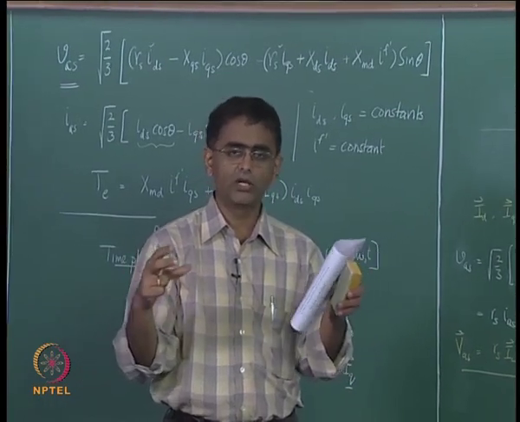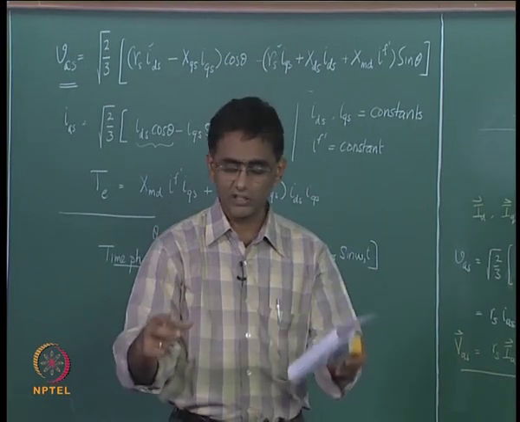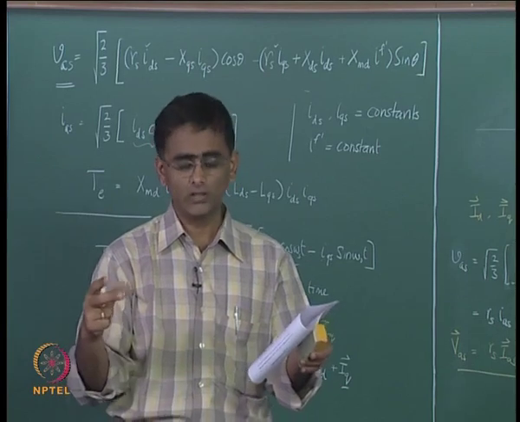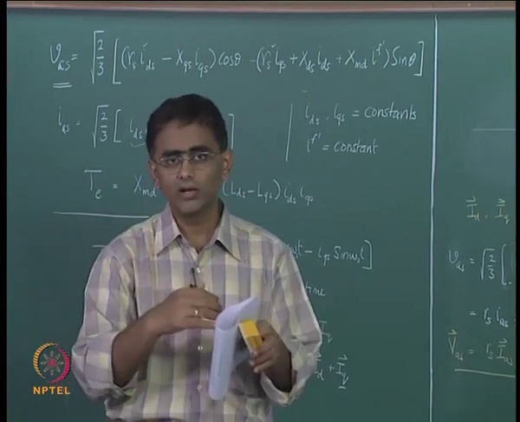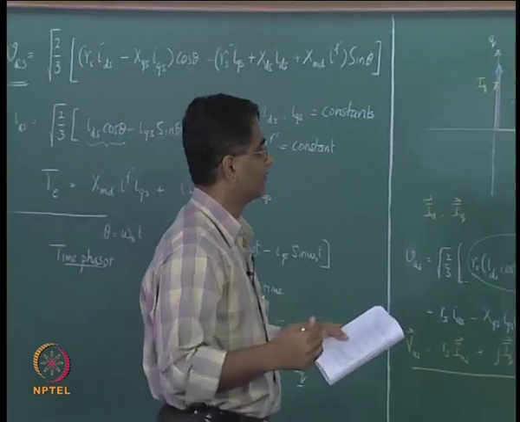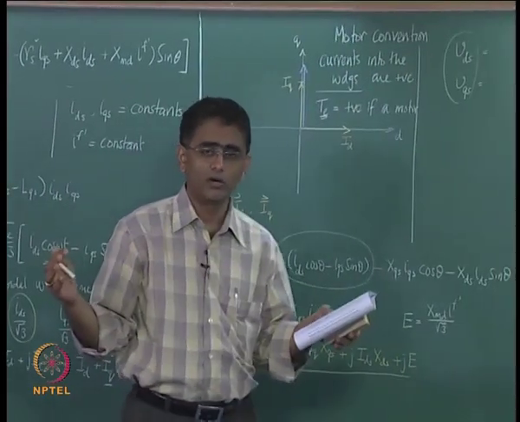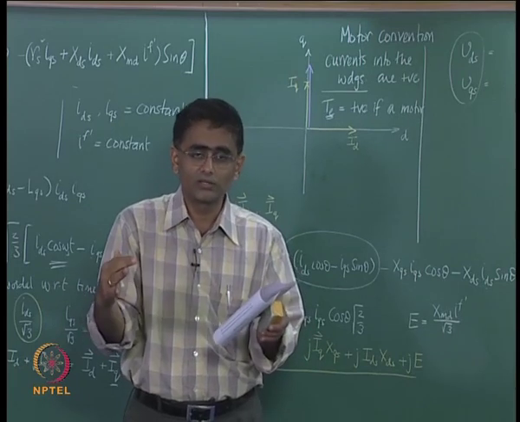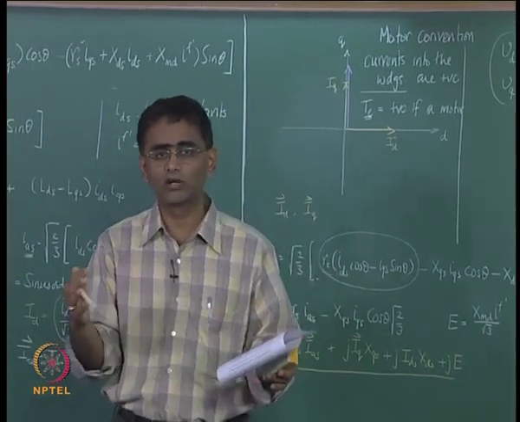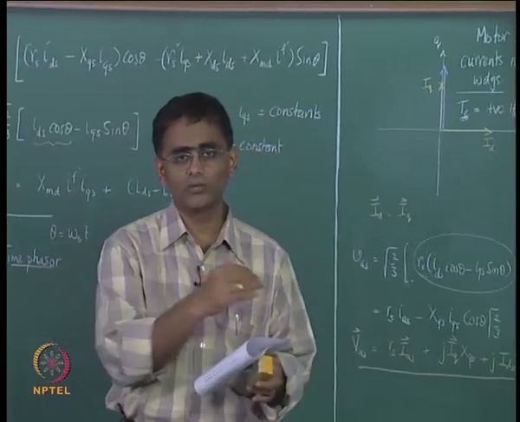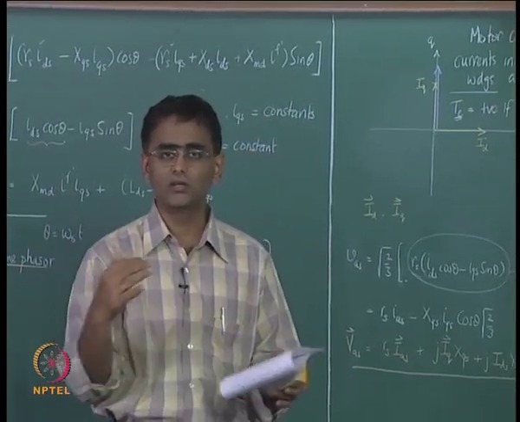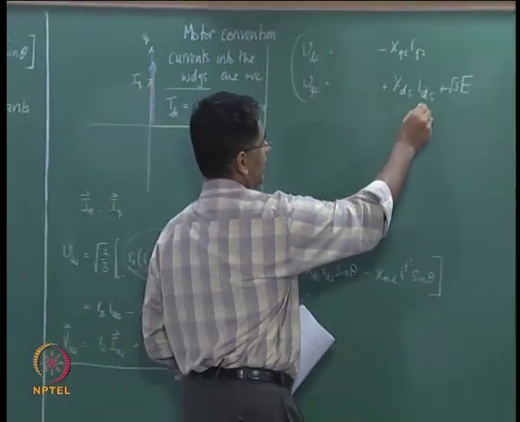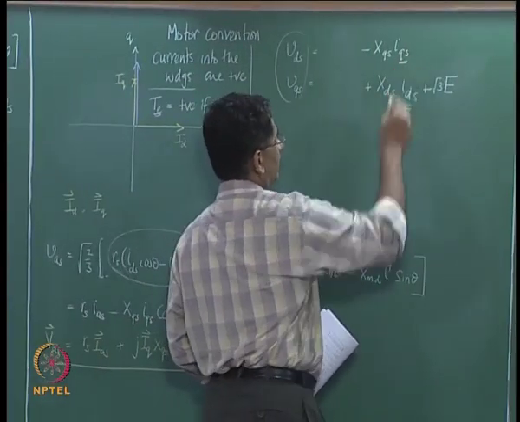Only when these two are equal in phase sequence, amplitude and frequency, you can close the switch and synchronize it to the grid. Under that condition, when all these three are equal and you close the switch, the synchronous machine basically floats on the grid. There is no flow of armature current, that is IAS, in the machine. IAS is 0, that means here IDS is 0 and IQS is 0.